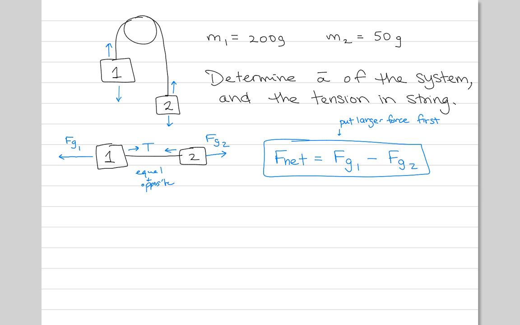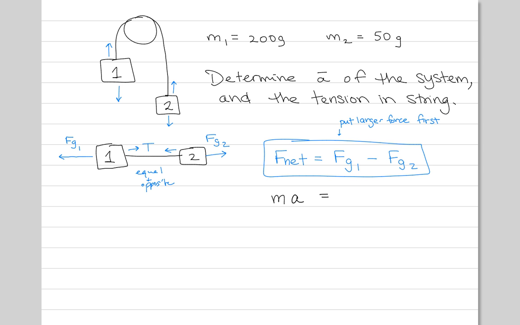Okay, so now we can go ahead and solve this. So remember in the formula sheet, right? F net has two forms. So on the left side we put MA, and on the right side we have the sum of all the forces involved.